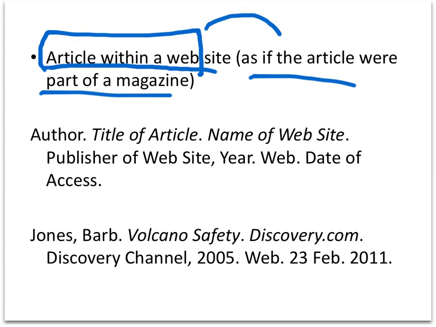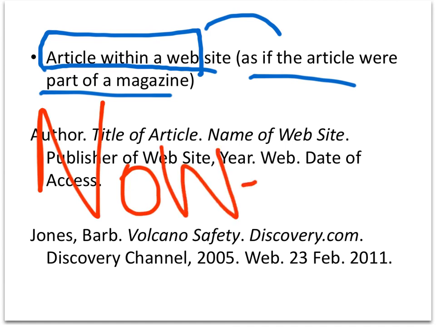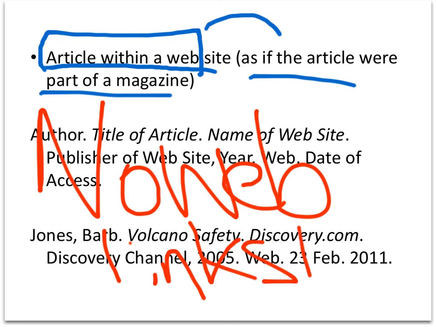One thing that's very important to remember is that in bibliographic citations for websites, if you notice, both with an article within a website and with entire websites, you'll notice something's missing. We don't use web links at all in bibliographic citations. In some specific cases, your teacher or your instructor or your professor will require that you include web links with your citations, and in that case that's fine.